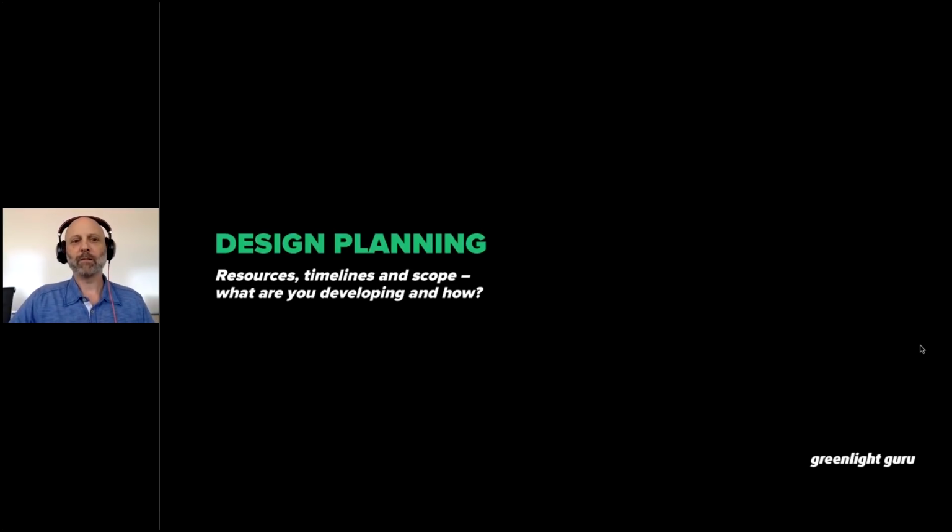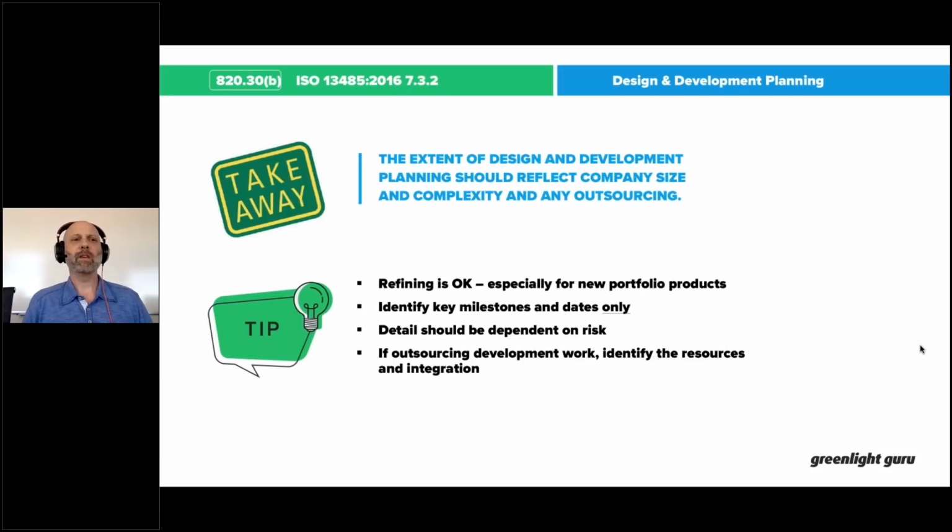Essentially speaking, we're going to start with a plan. And you'll notice throughout today's presentation, as I'm going through the different sections, there are references listed along the top. The 820 number that you will see is the specific FDA regulation, and the ISO 13485 references the specific clause as it pertains to this particular topic.